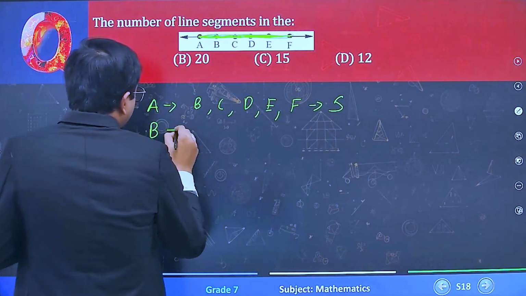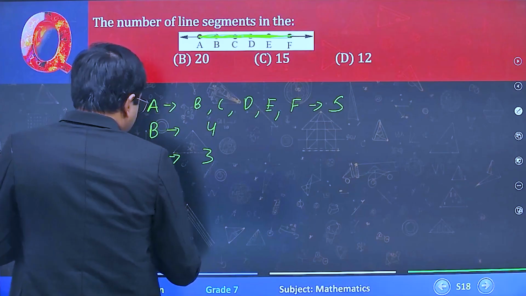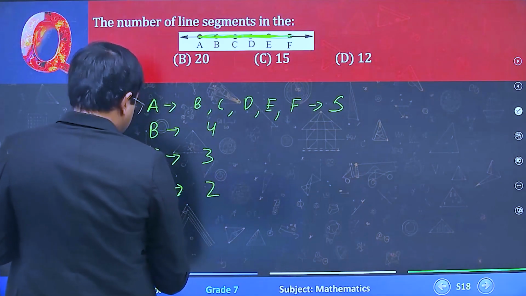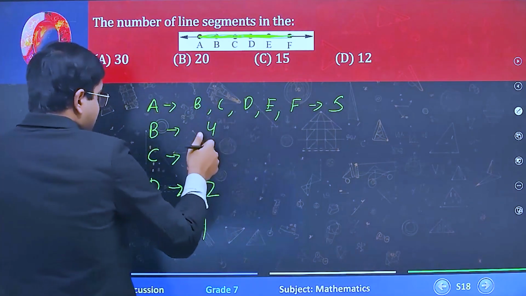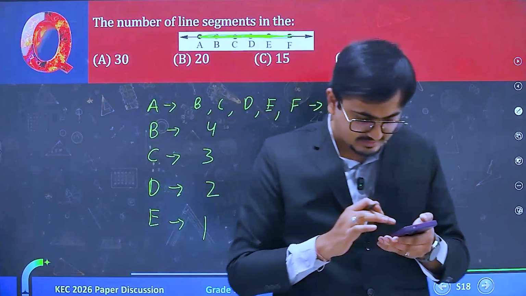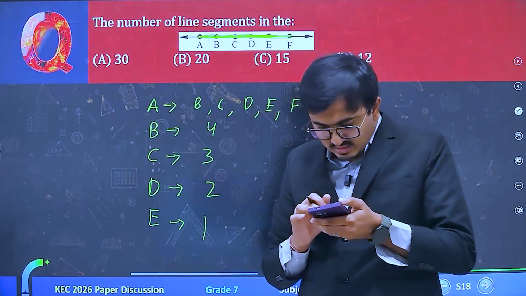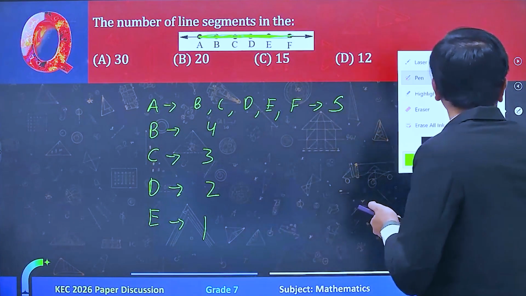With B, similarly, you will get 4. With C, you will get 3. With D, you will get 2. With E, you will get 1. You can add it up. 5 plus 4, 9. 9 plus 3, 12. 12 plus 2, 14. 14 plus 1, 15. Okay, clear? Done?